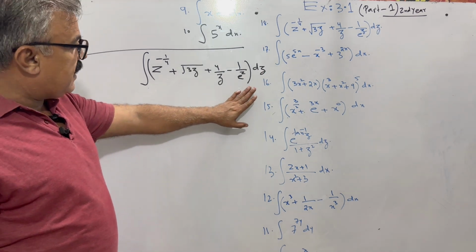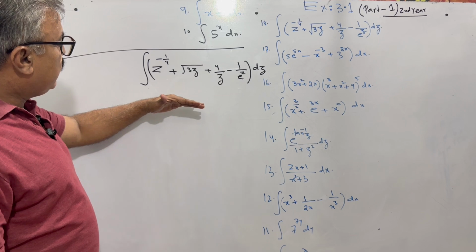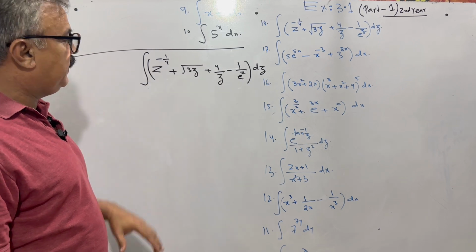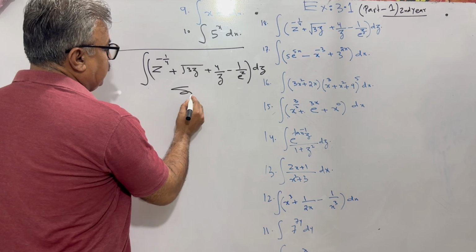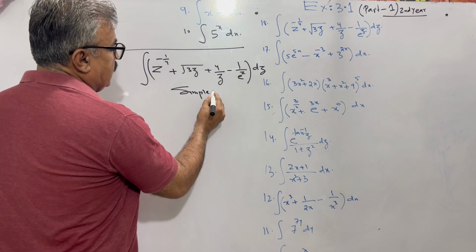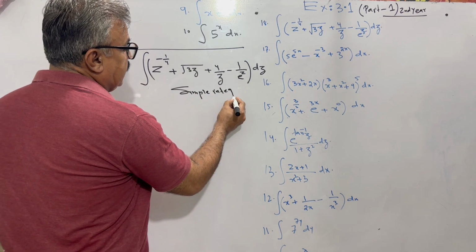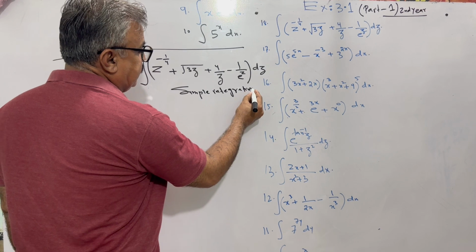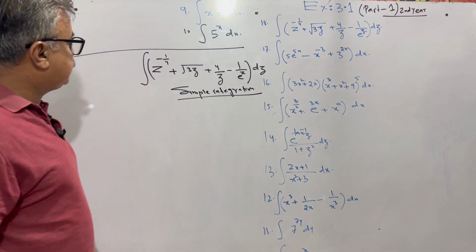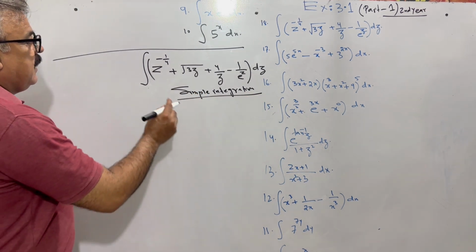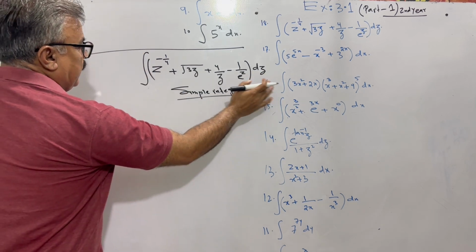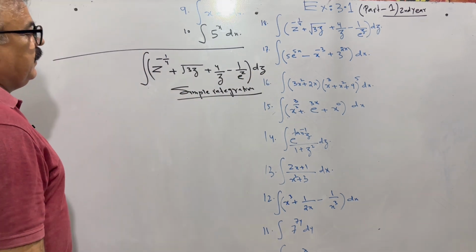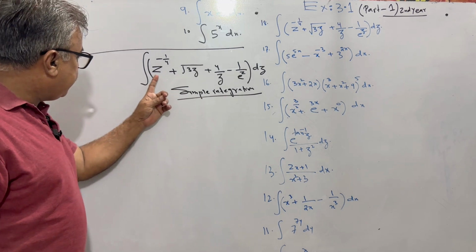First, apply simple integration. Ask yourself, is it the derivative of something? If we multiply the integration symbol and dz throughout, it is really very easy.